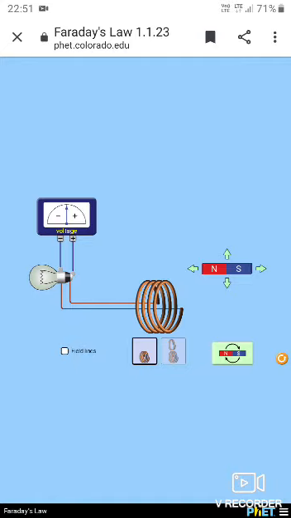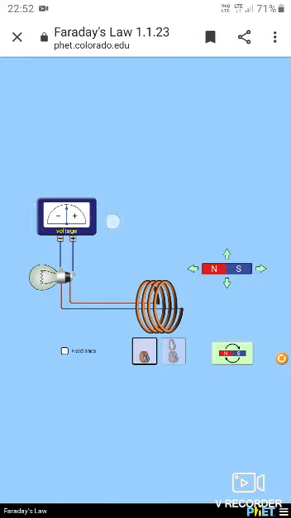Today, let us know about electromagnetic induction. I hope it's useful and informative. Before starting the exact definition of electromagnetic induction, here I have taken a coil, a bulb, a meter to detect the current in the circuit.